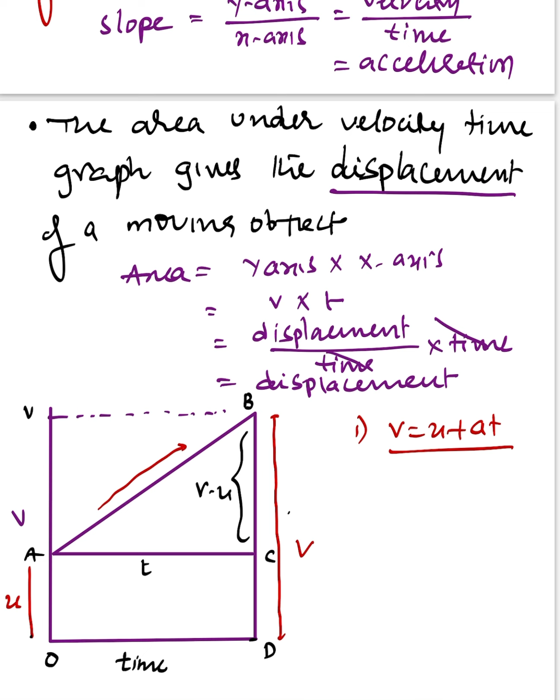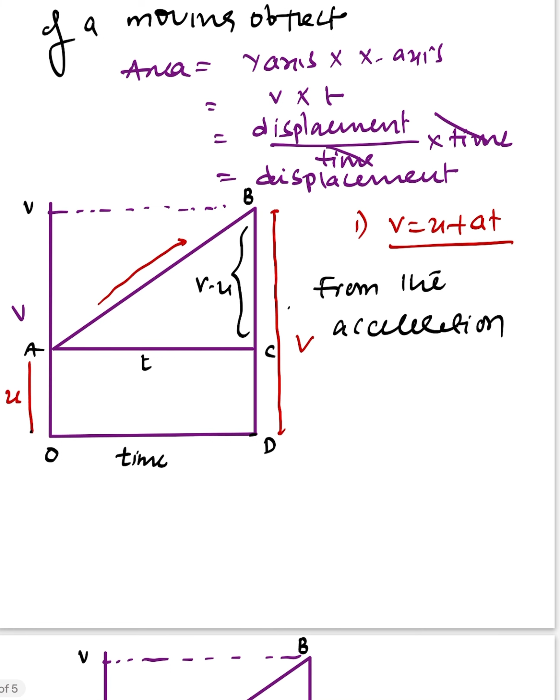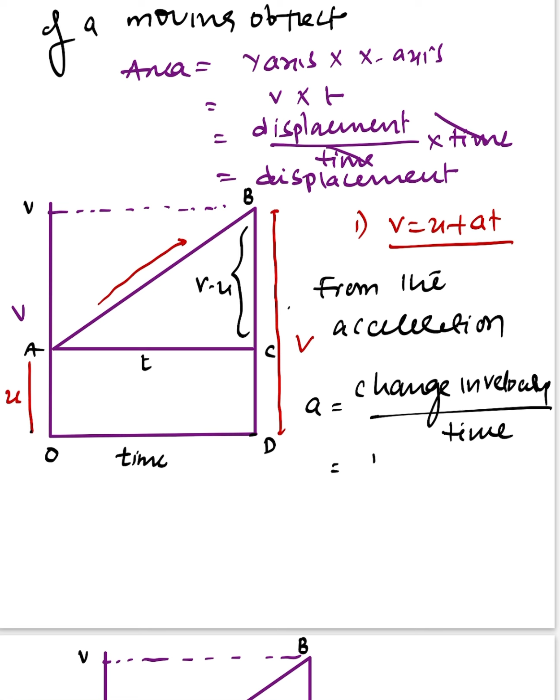Okay, so from the definition of acceleration, what is the definition of acceleration? Rate of change in velocity, right? So a equal to change in velocity by time. What do you mean by change in velocity here?